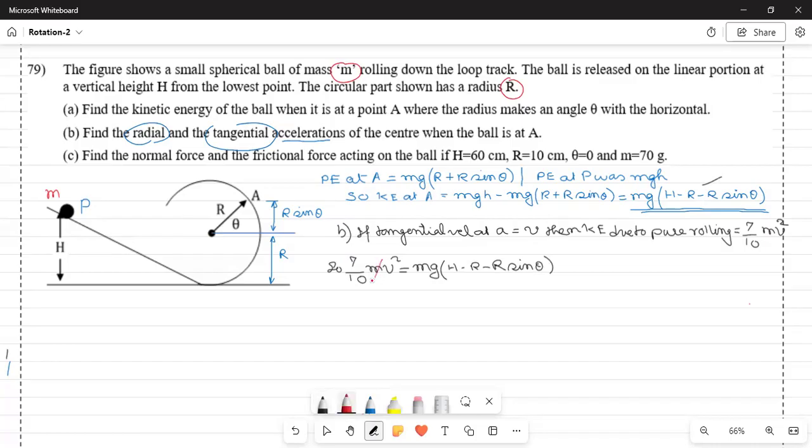Here you cancel m and m. So you have v square equal to 10g by 7 within bracket (h minus r sin theta).